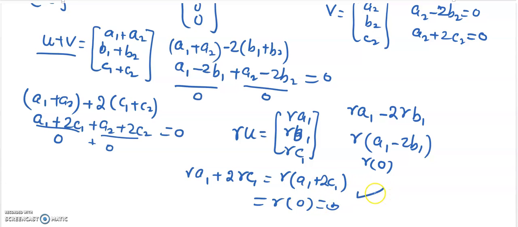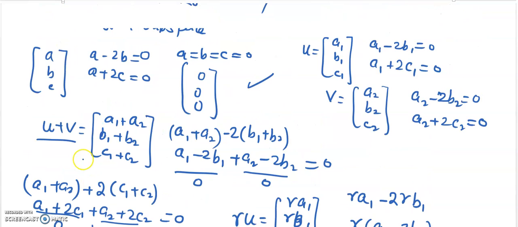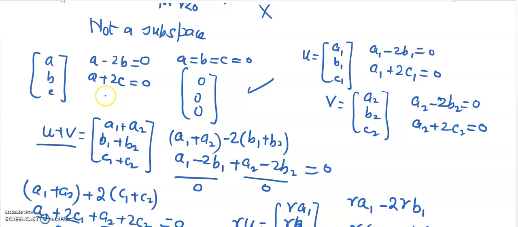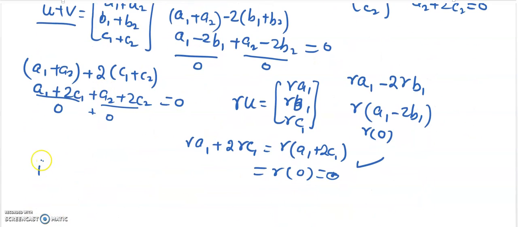So the third condition is also satisfied. Therefore we can say that the given set with these conditions is a subspace.